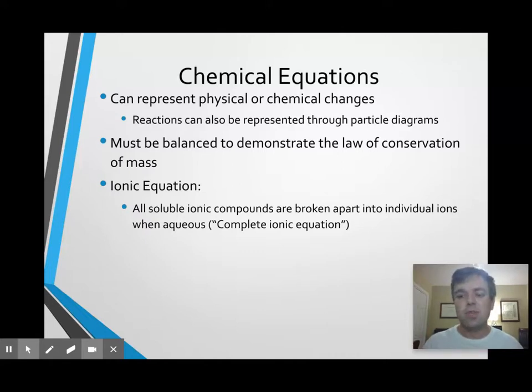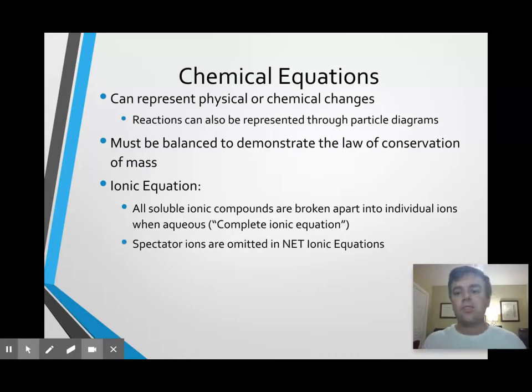Because, as we know, when ionic compounds dissolve, they get surrounded by water molecules as they form ion-dipole interactions. And so, when ionic compounds are dissolved, we write them as individual ions in an ionic equation.